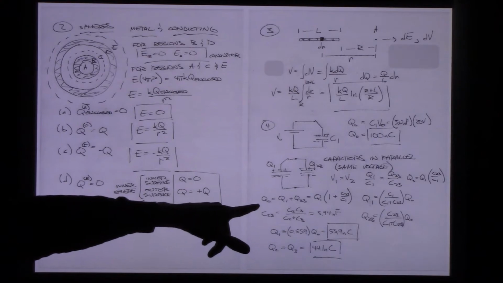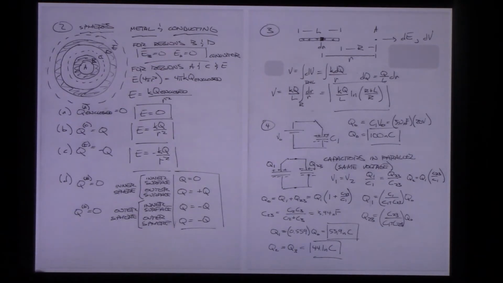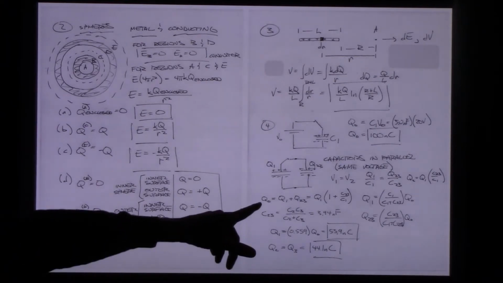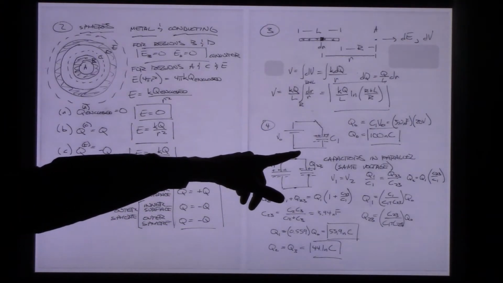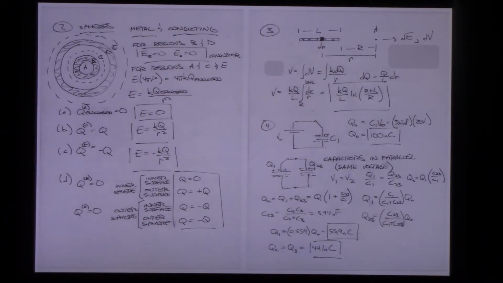Now, charge is going to be conserved. So here is our statement of charge conservation. It says that the original amount of charge that we started with, the 100 nanocoulombs, will divide up between the two sides.